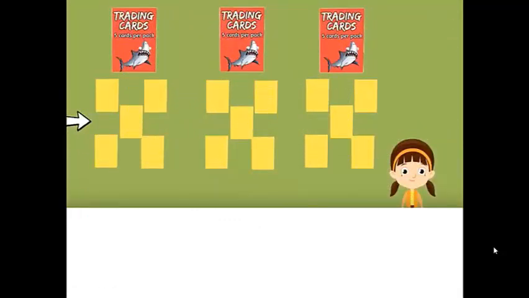Yes, look, another one. Trading cards. Look, there are 3 trading cards. Each trading card has how many cards? 5 yellow cards. Write 5. Then write the multiplication sign. How many groups?